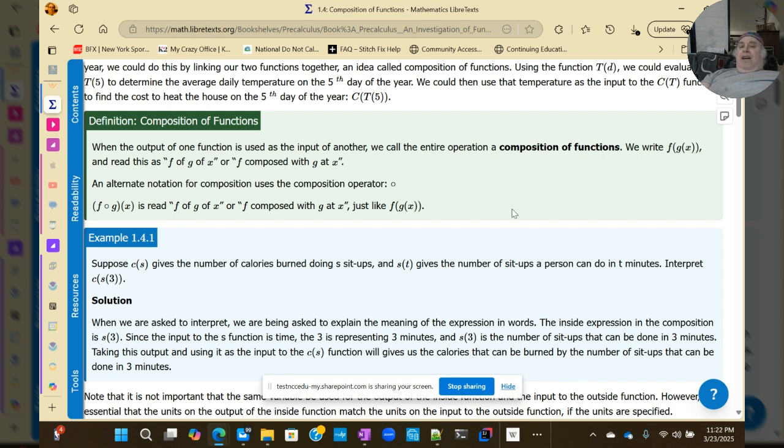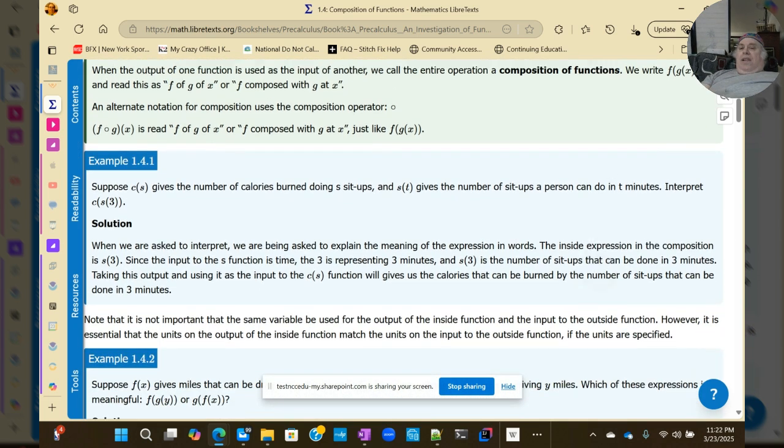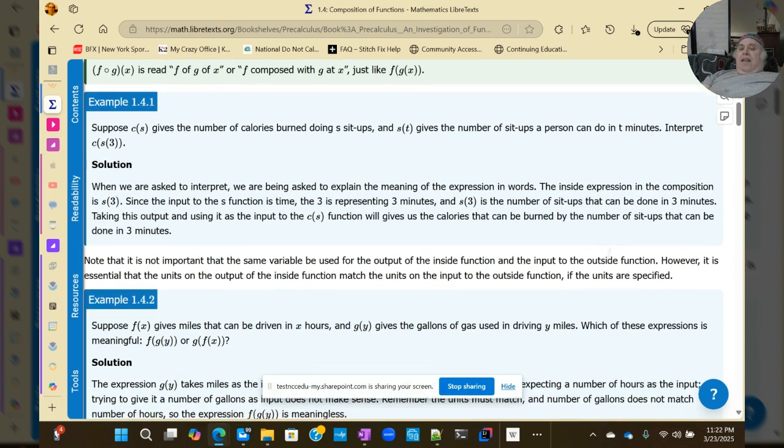That's composition of functions, f of g of x. We sometimes use a little circle, but usually in this class we're going to use f parentheses g parentheses of x rather than the little circle. But you might see that in other classes, so that's important to know.